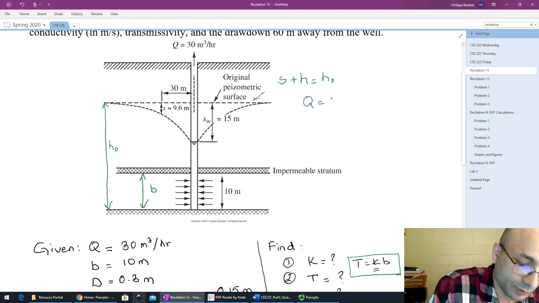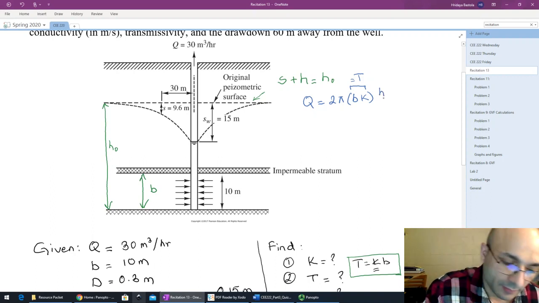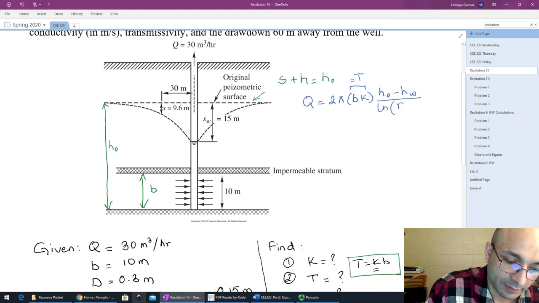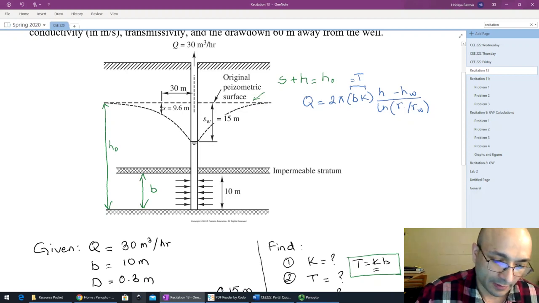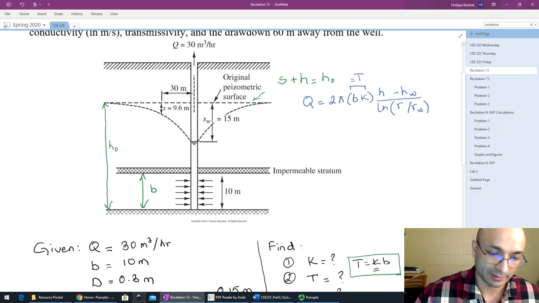Q equals 2 pi times B K, so this one here equals transmissivity, times H0 minus HW divided by log of R0 divided by RW. So in this case, you could get an equivalent relationship, just the notations need to be consistent. That's the important part.